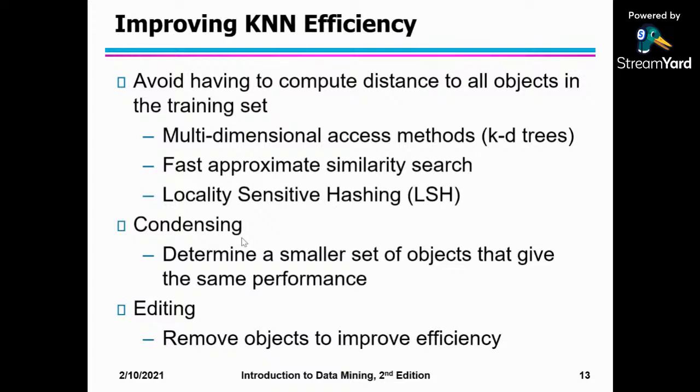Now, this is what I want you guys to do. I want you to take the concept of how to improve KNN efficiency. I'll send you the notes. I want you to go through and then write and explain the various stated principles: the multi-dimensional access method, the fast approximate similarity search, and the locality sensitive hashing.